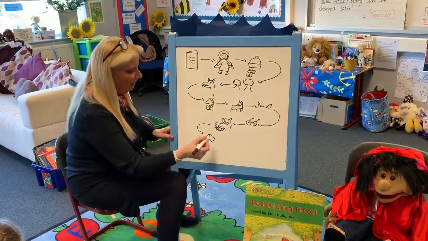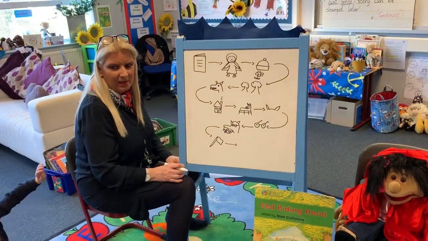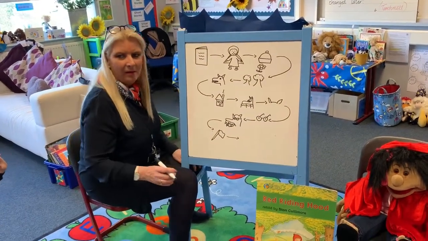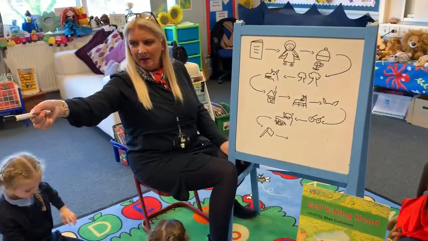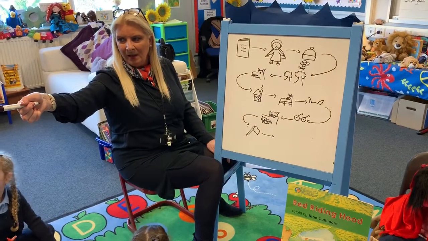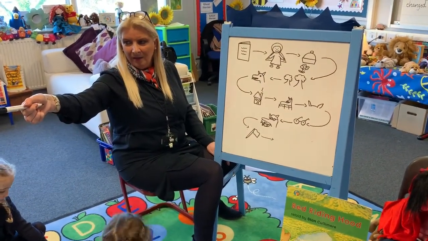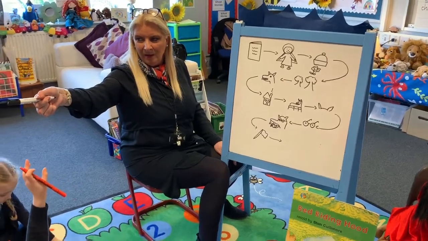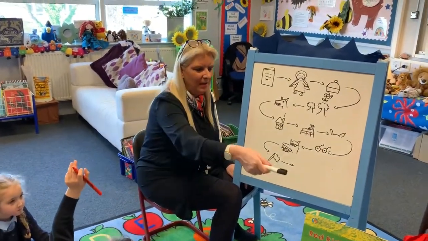And then, what happens then? Who can tell me what happens then? He chops the big bad wolf. He puts it on his toe. I don't know if that happened in that story.